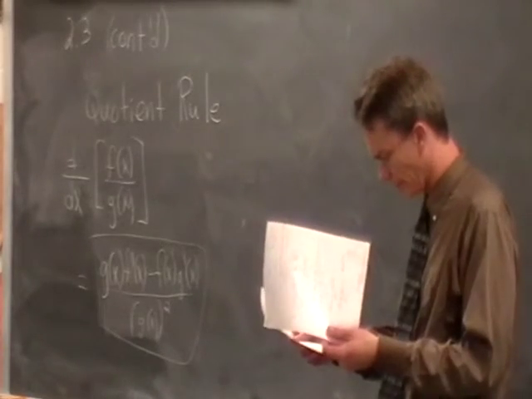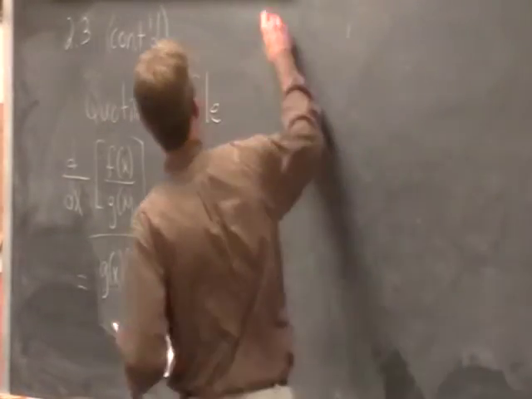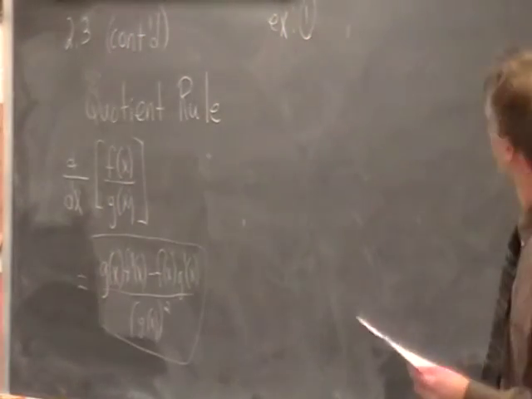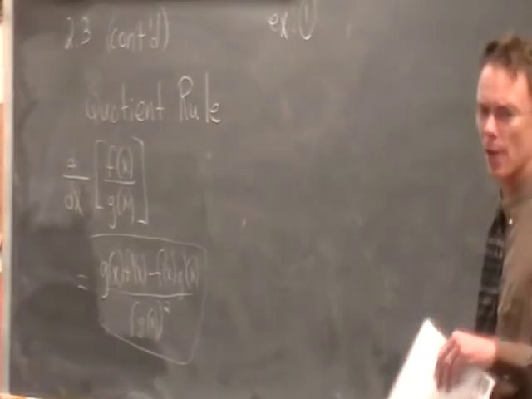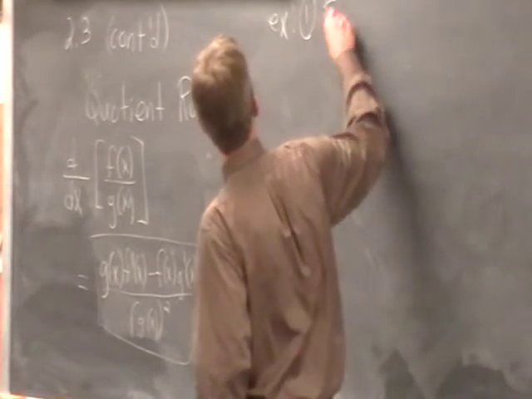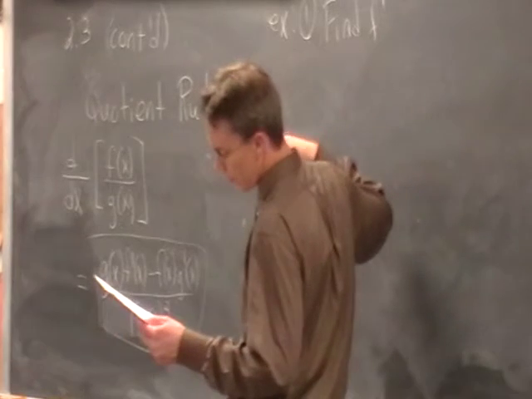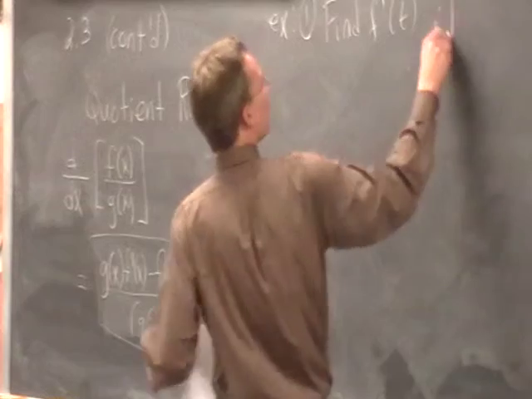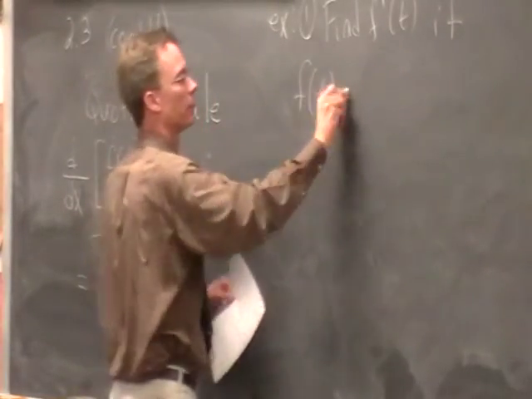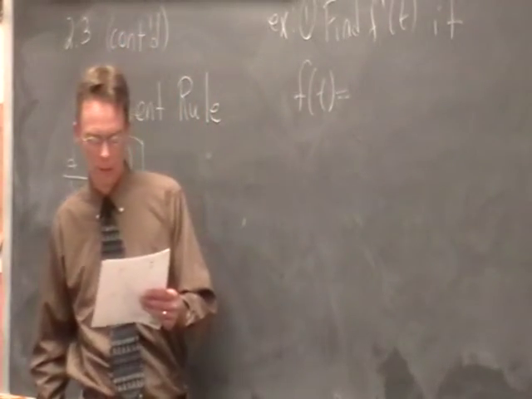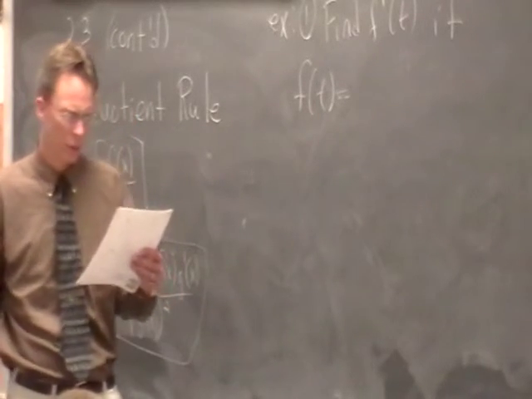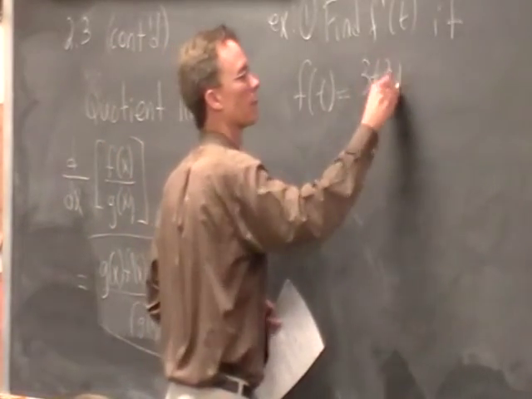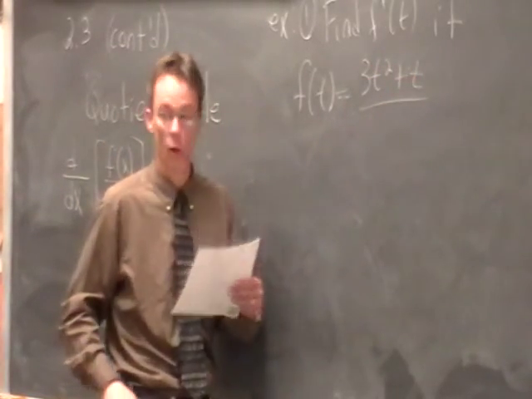Example. Let's find f prime of t if f of t equals 3t squared plus t over t cubed minus 1.